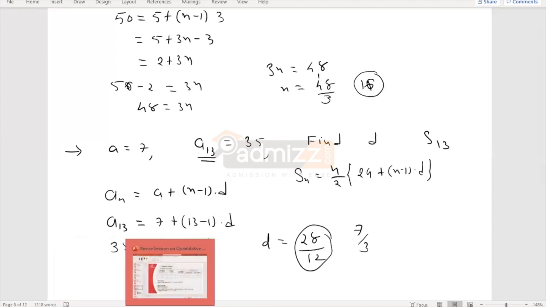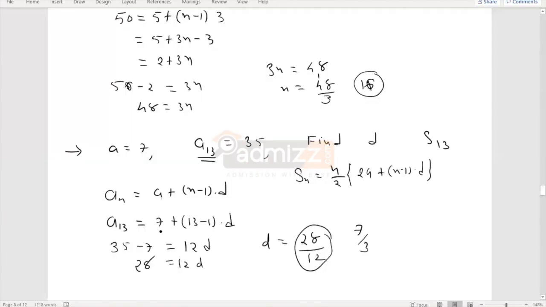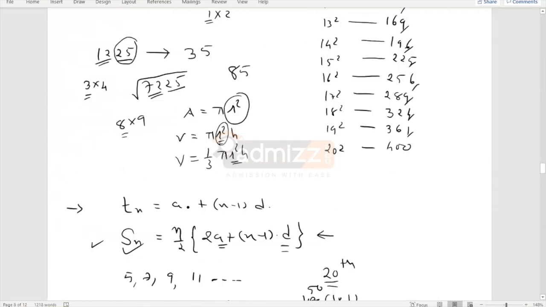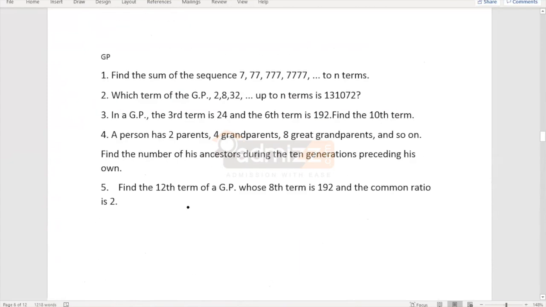Now you can see the problem. We will come to the problem. A very tricky sum I will do, and the rest you have to do. This sum is very tricky. Find the sum of the sequence 7, 77, 777, 7777 up to n terms.